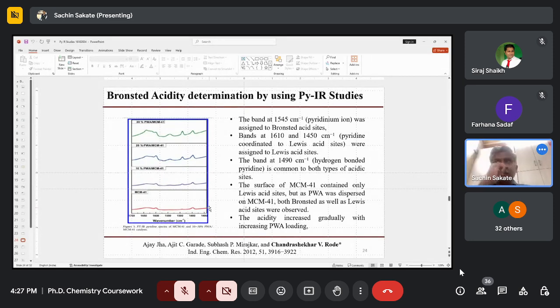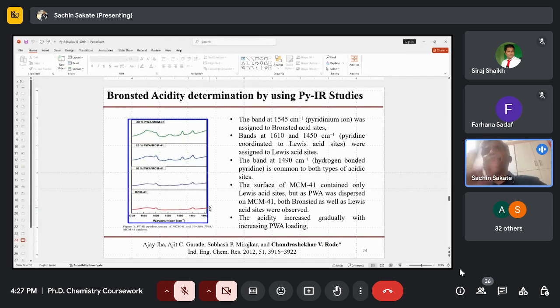Now the idea is that as you go on loading the material, 10%, 20%, and 30%, MCM-41 is the same support, but initially it had only 10% PWA. Then it was done with 20% PWA, and after that with 30% PWA.